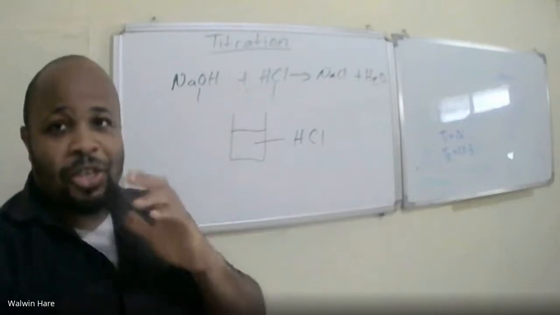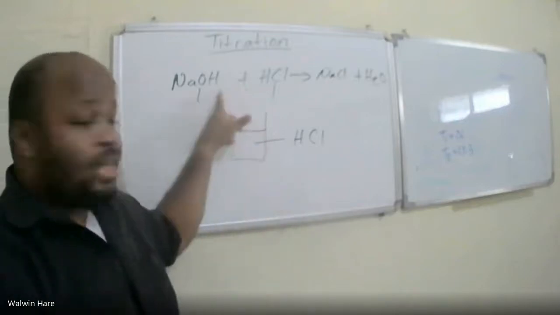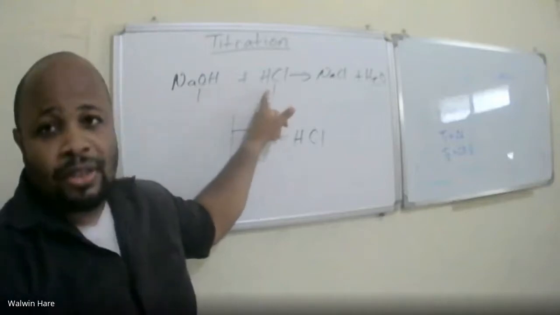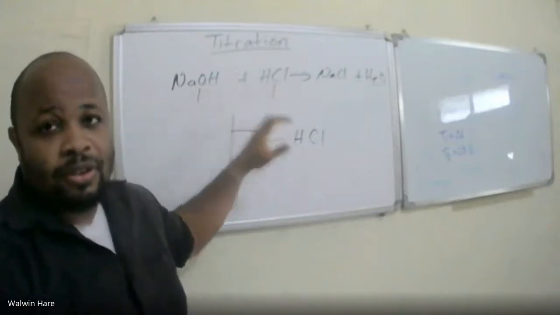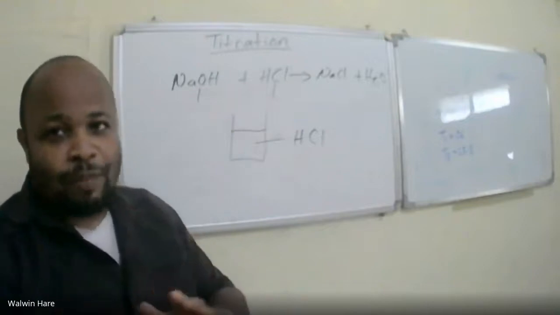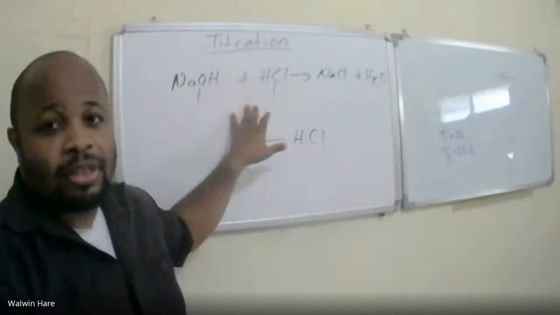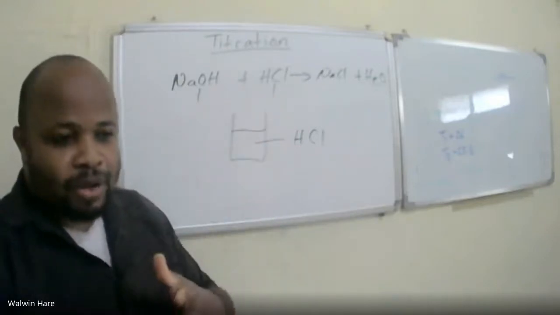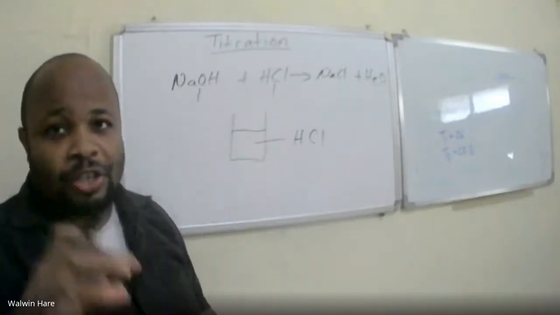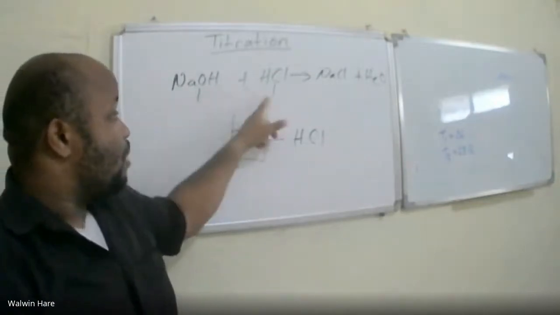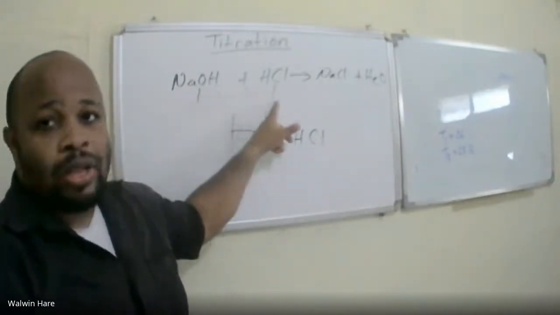It doesn't have to change color immediately as the sodium hydroxide and the hydrochloric acid neutralize each other. However, it must happen very close to the equivalence point. So just to make that clear, the endpoint is when the indicator changes color, but the equivalence point is when these two react equally.